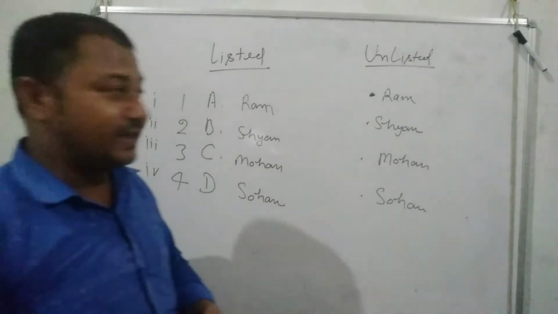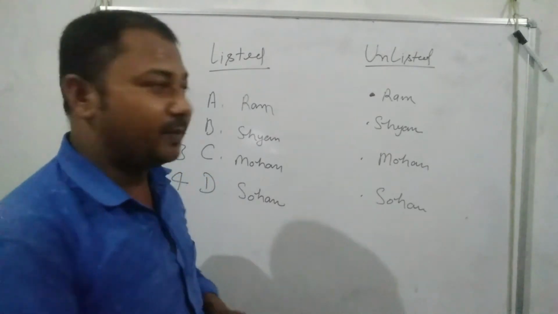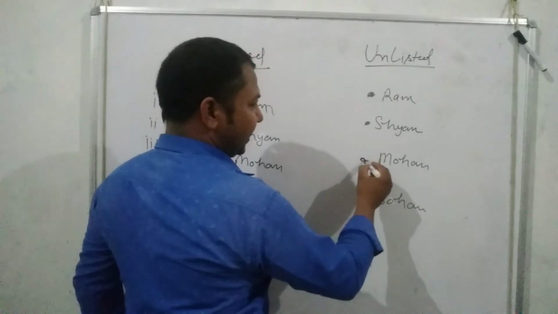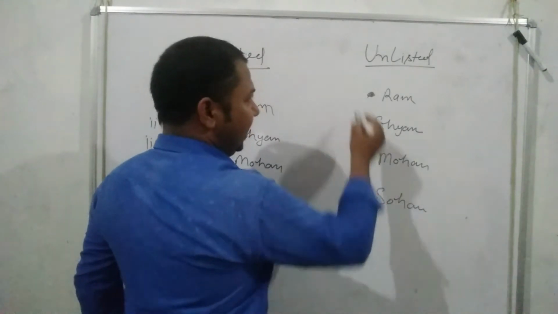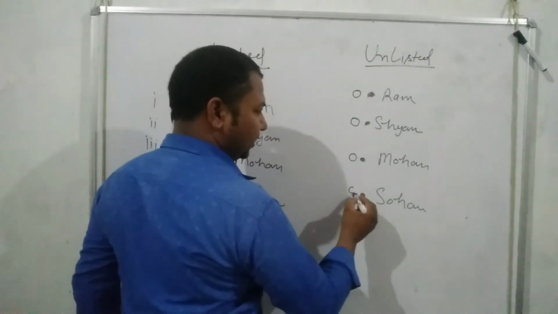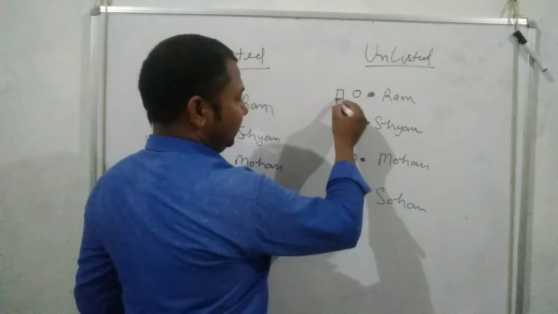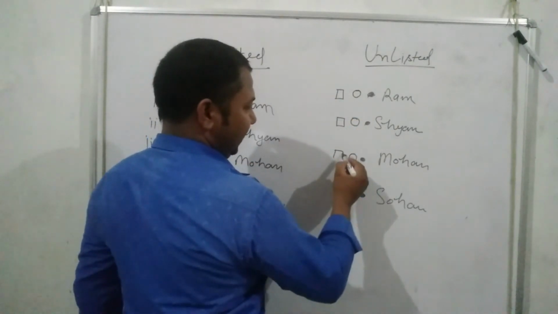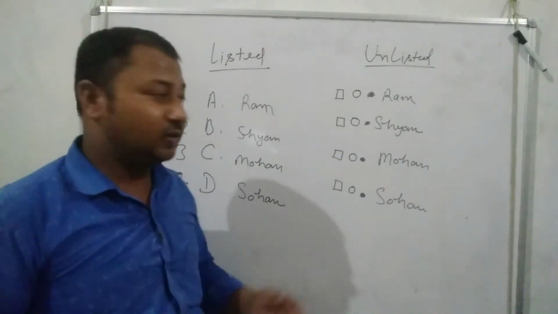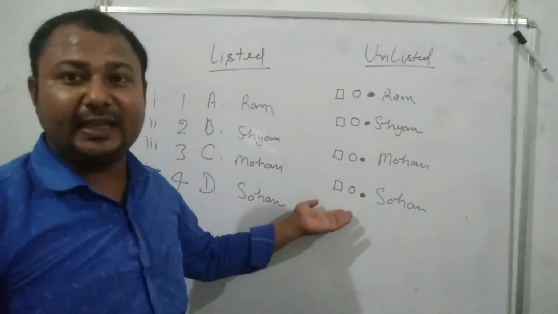And in unlisted, only bullets are used, in formats like a circle, a filled circle, or a rectangular bullet. So this is how this type of coding is used in HTML.